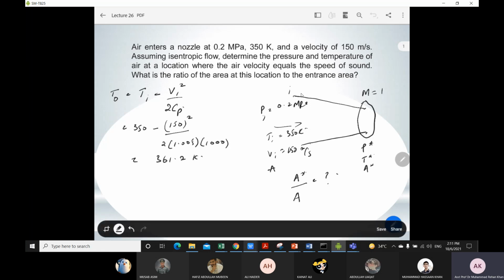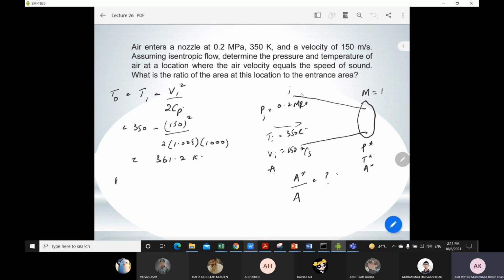From T naught, we can easily find P naught by using the isentropic relation. P naught is equal to Pi times (T naught over Ti) to the power K divided by K minus 1.